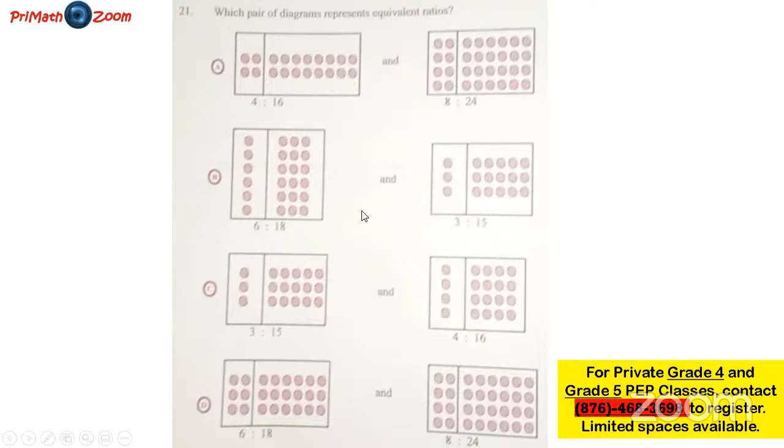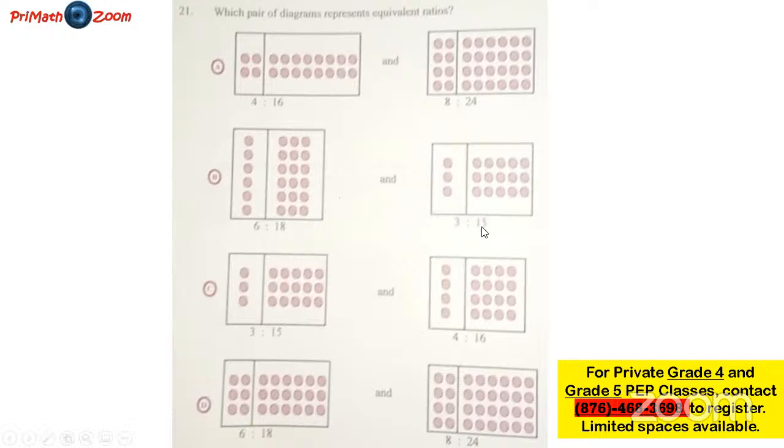All right, so let me just go through this real quick. 4 to 16 would be the same as 1 to 4. 8 to 24 will be the same as 1 to 3, so these are not equivalent. 6 to 18 would be the same as 3 to 6, which is 1 to 3.